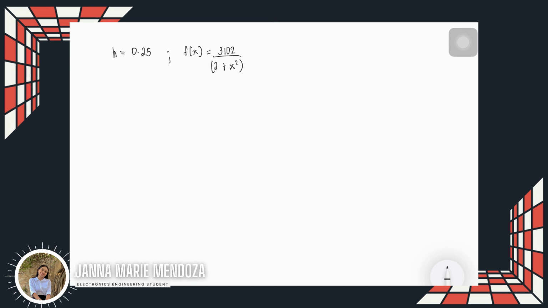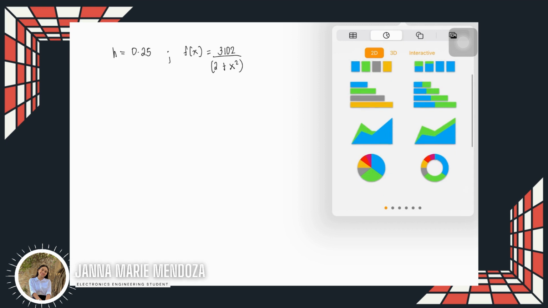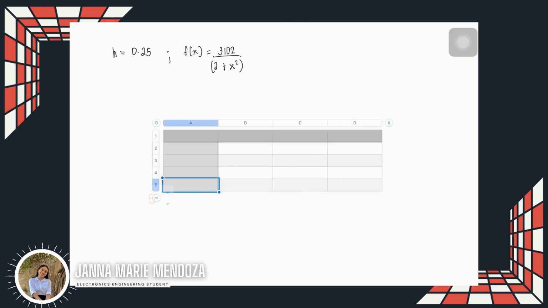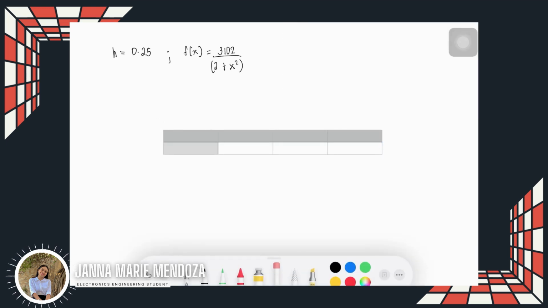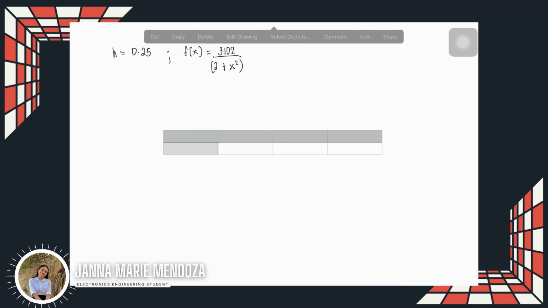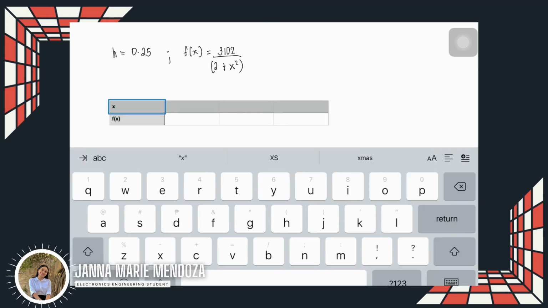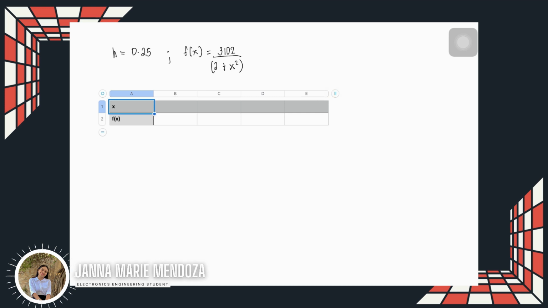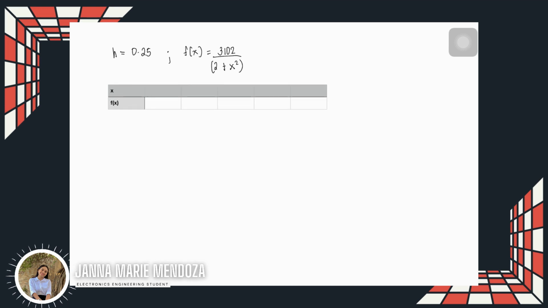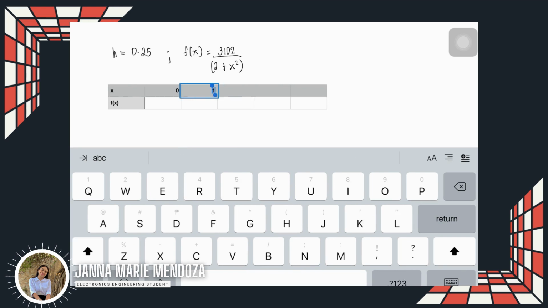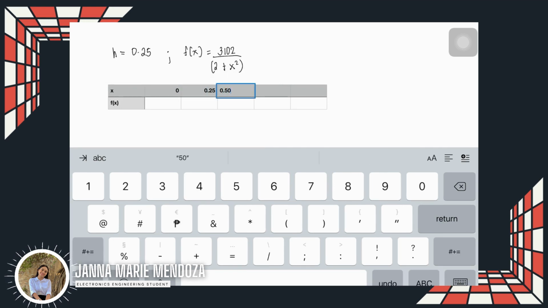Getting the value of x and f of x to solve the area of a function using the trapezoidal rule, we will get the x by increasing the lower limit by 0.25, since it is the calculated height or gap, till it reaches the upper limit of 1. Then x will equal 0, then 0.25, then 0.50, then 0.75, and then 1.